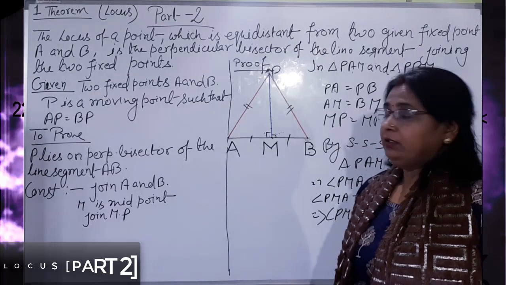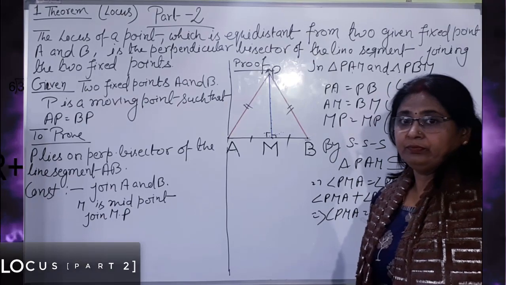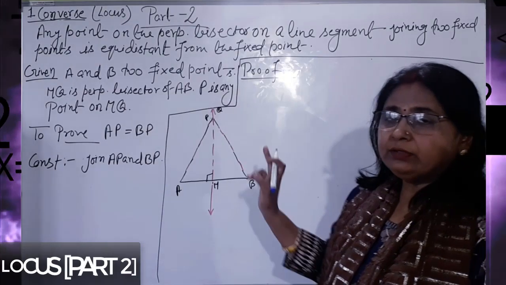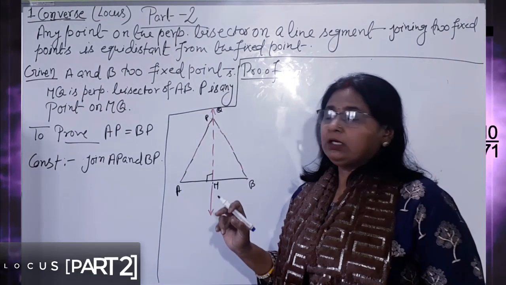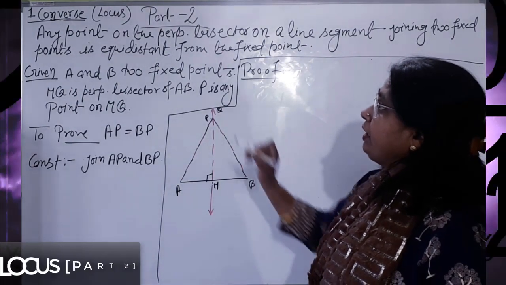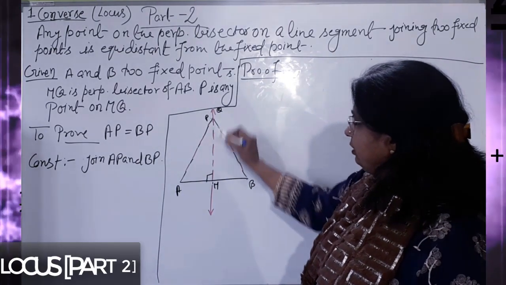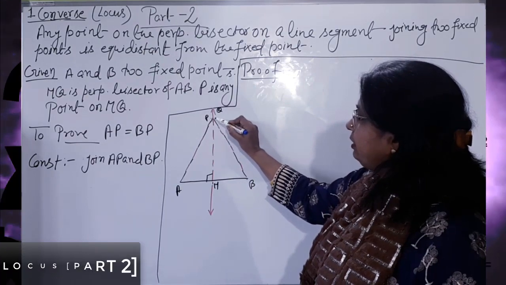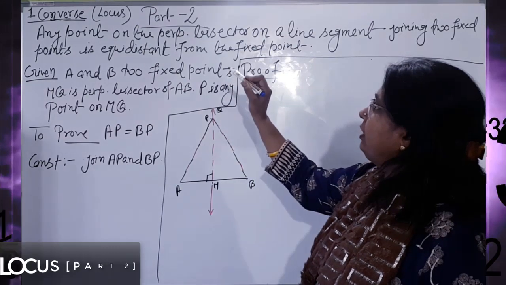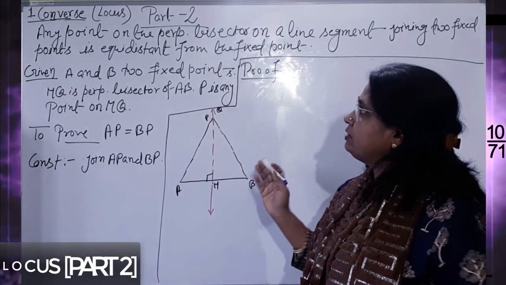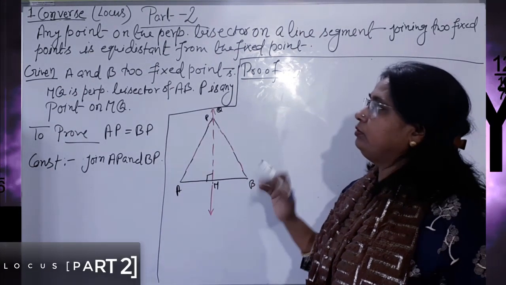Understood? Now the converse of this theorem. I am going to start the converse of this theorem. Any point on the perpendicular bisector, any point at random, I have taken P. The converse is just the opposite of your theorem.